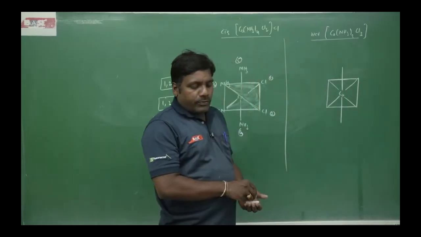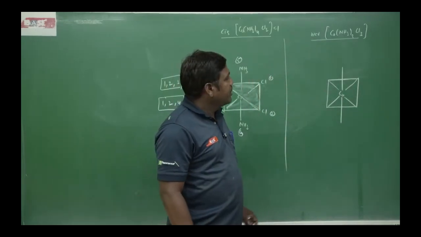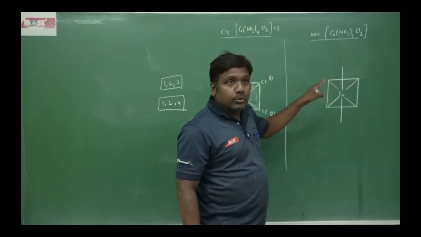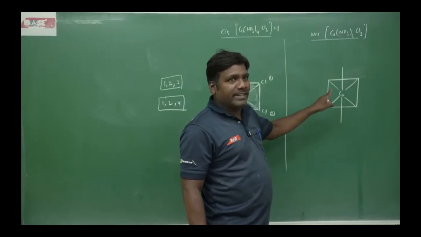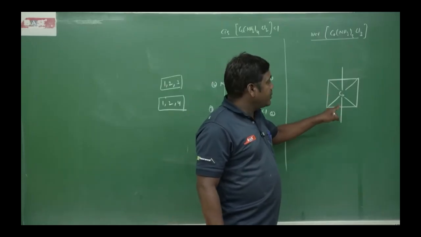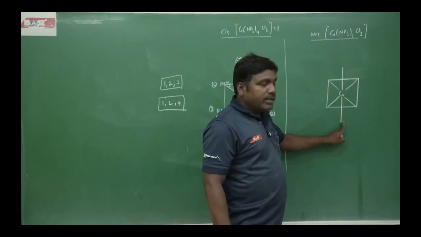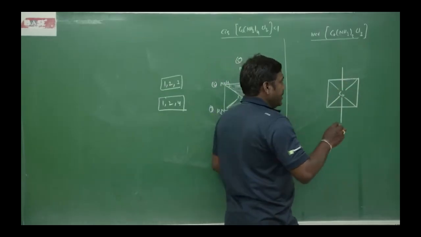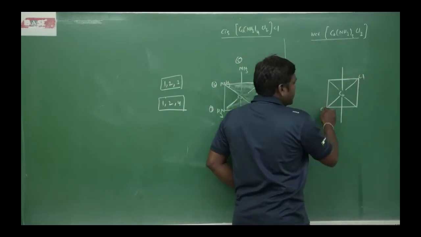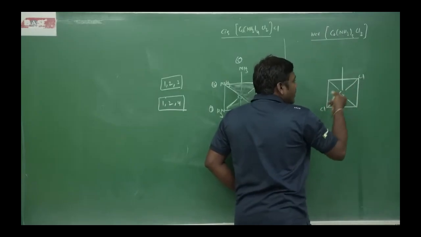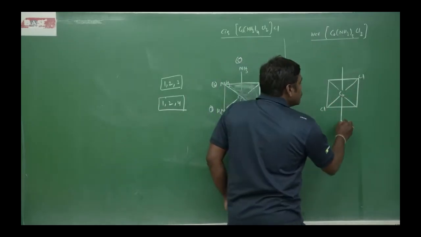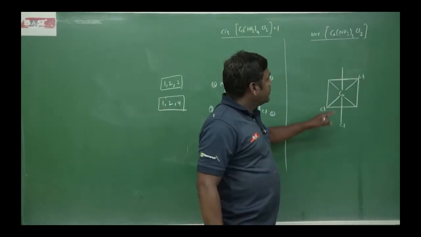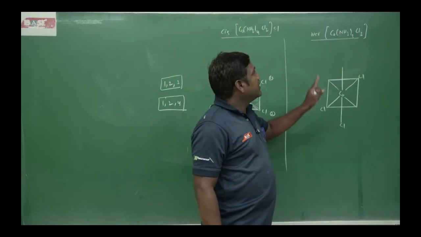Now if you observe, the meridional structure means 2 Cls should be on 1 axis and make a 180 degrees angle, and the NH3 and one more Cl should form a right angle with that 180 degrees angle. That means here 2 Cls you have to take. These 2 Cl ligands make 180 degrees angle. Another Cl should make 90 degrees with this angle. Then this is the meridional form of the 3 Cls.